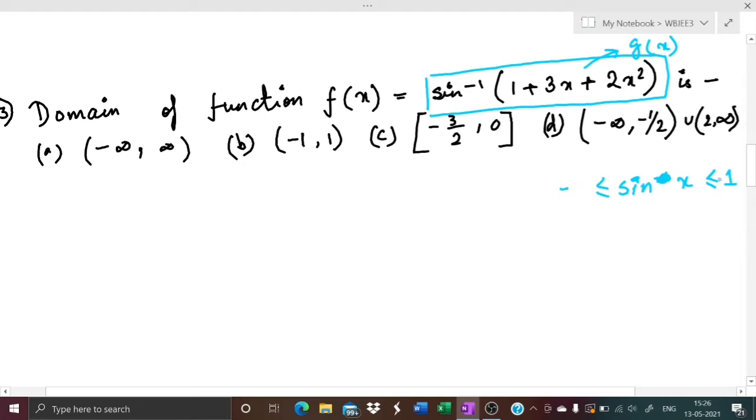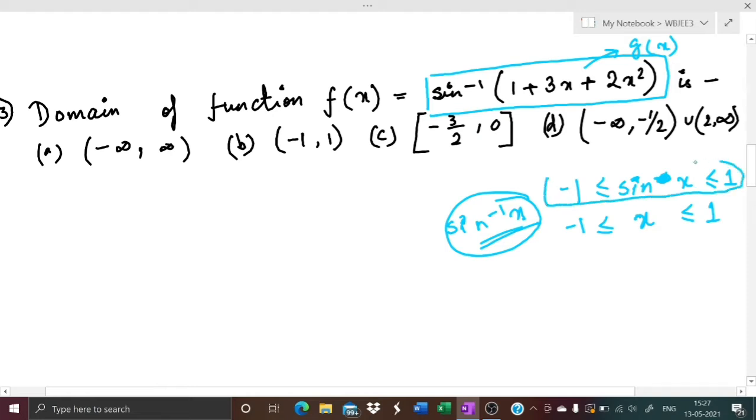Whenever we are taking the inverse, x would be lying between 1 and -1 for sine inverse x, because for sine inverse x the domain would be equal to the range of sine x.